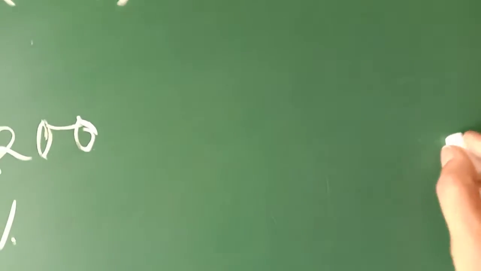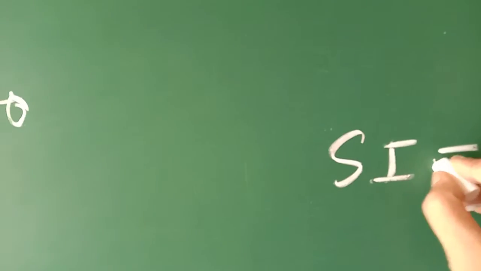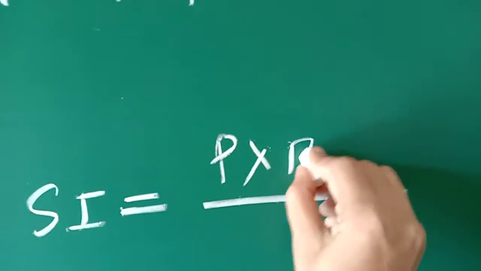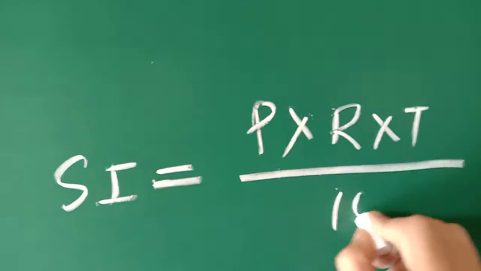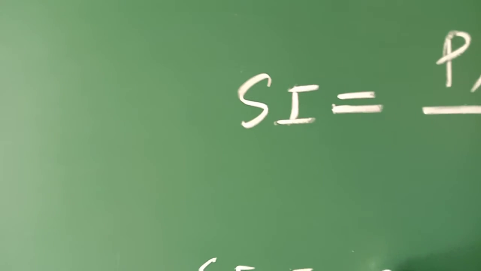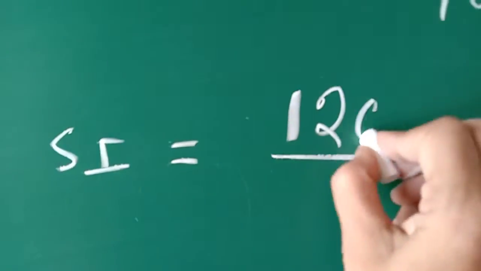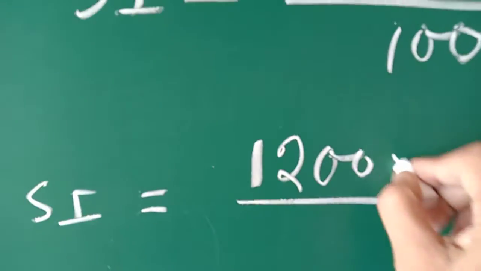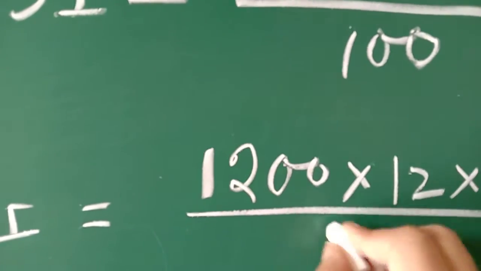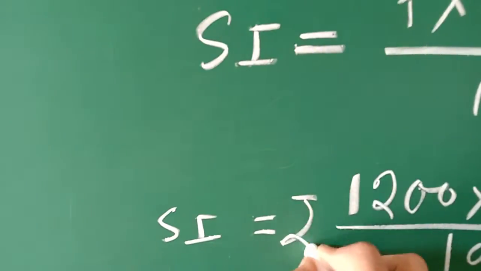When you know that simple interest is equal to, write the formula first, P into R into T by 100. Then what will be the simple interest here? Principal equal to 1200 into rate 12%, time 3 years by 100 rupees.